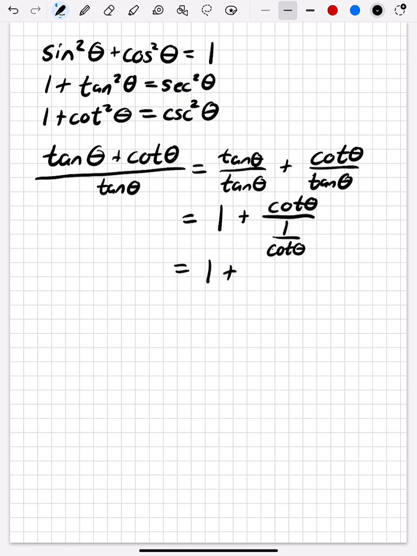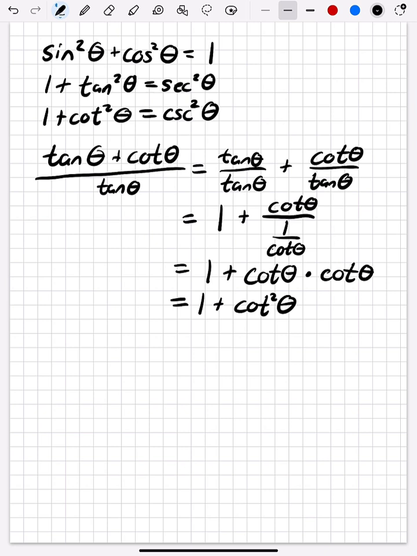Something that you may have remembered, anytime that you're dividing by a fraction, that's the same thing as saying to multiply by the reciprocal. So really this is cotangent of theta times cotangent of theta, which is equal to just 1 plus the cotangent squared of theta. Okay.